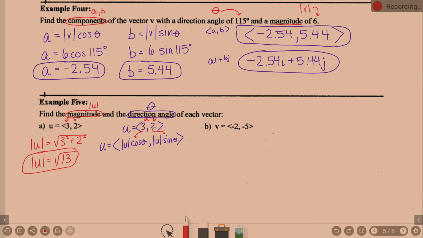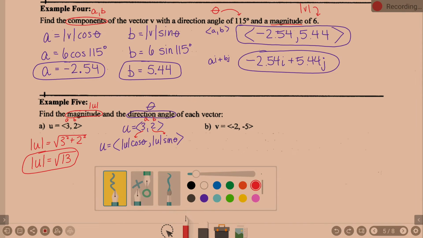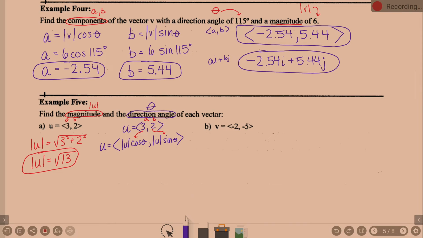Well, with that in mind, do we have numbers those equal? We do. I'm going to set them up both, just to prove to you that it doesn't matter which one you use; they'll look a little different along the way, but they'll both work in the end. If we use the horizontal component, the A value, the absolute value of u times the cosine of theta is going to equal 3. What is the absolute value of u?